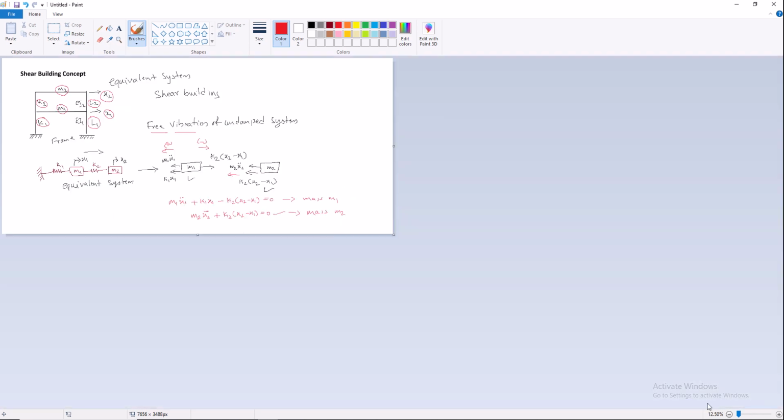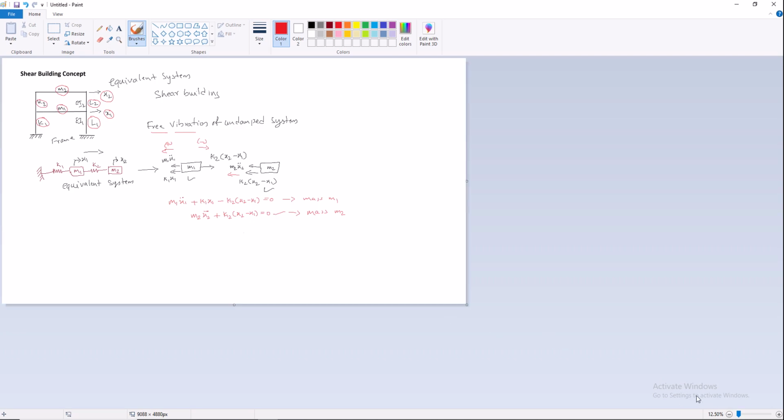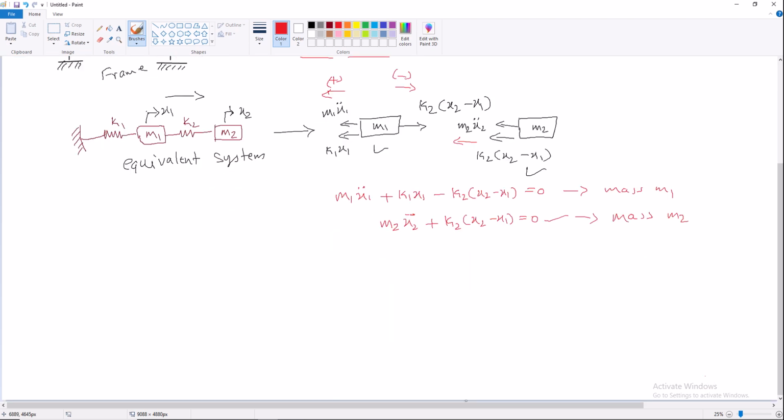In a similar way, I would like to rearrange these terms, just for simplification. So I will write this equation as m1 x1 double dot, plus, multiplying these terms, k1 x1, minus k2 x2, and multiplying the minus k2 by minus x1, that is plus k2 x1, which is equal to 0.